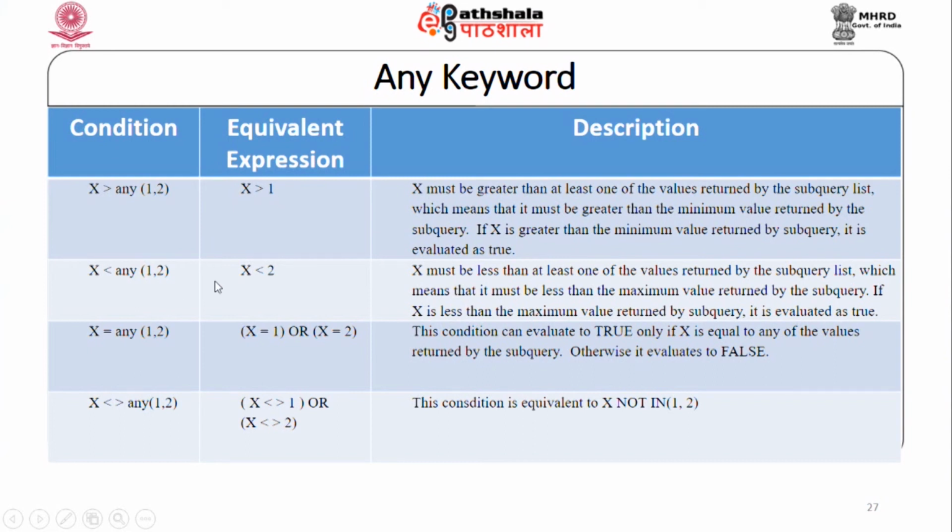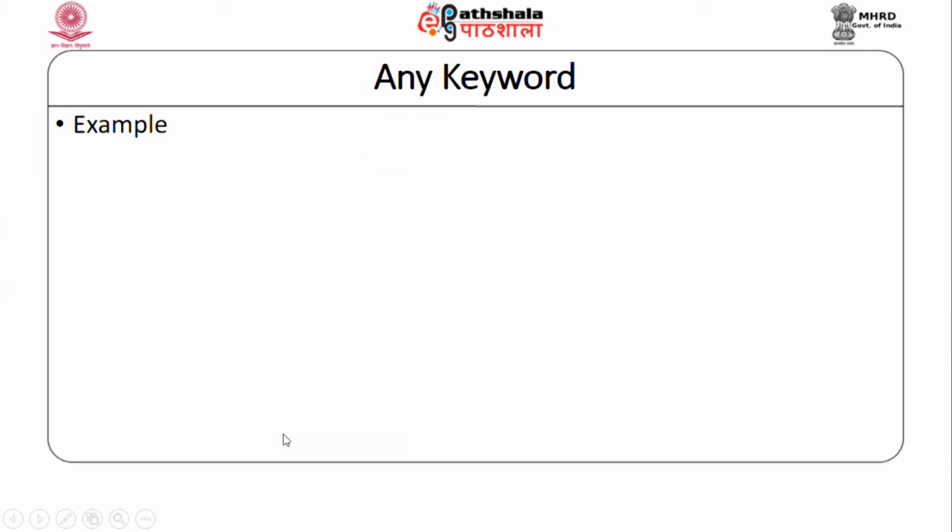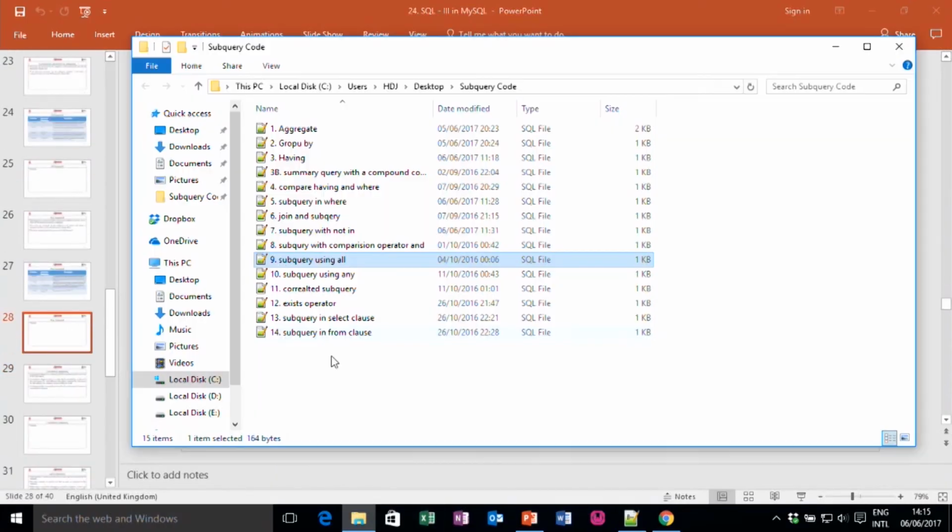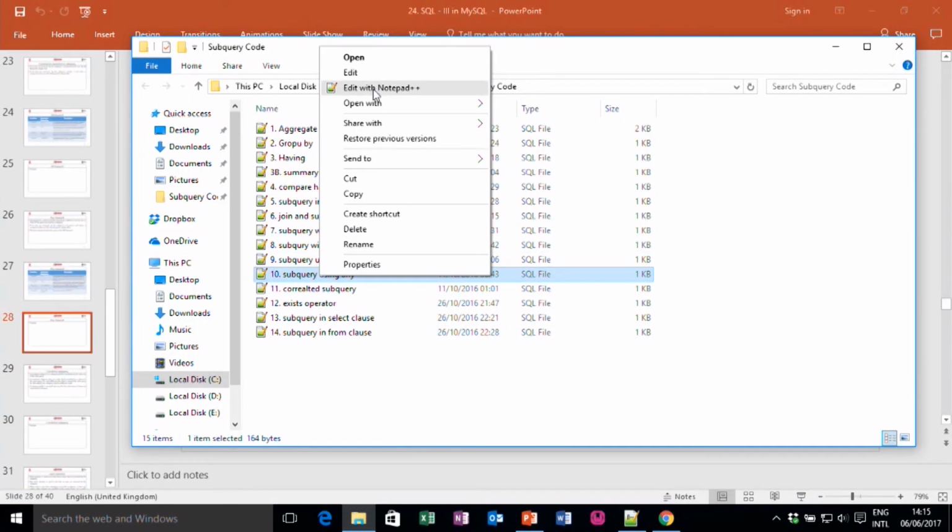x less than ANY (1, 2) means x less than 2, where x is your main query, then ANY, and then 1 and 2 is the result of the subquery. x equal to ANY (1, 2) means x is equal to 1 or x is equal to 2. x not equal to ANY (1, 2) means the OR operator. In the same way, let me show a demonstration for the ANY clause.